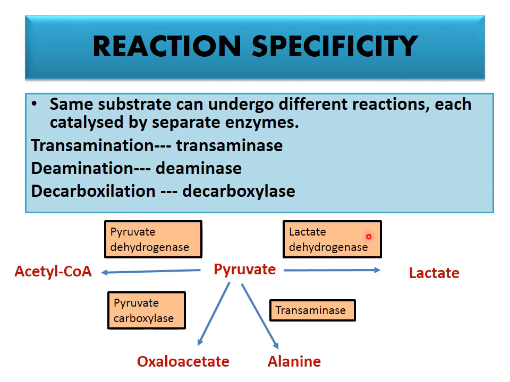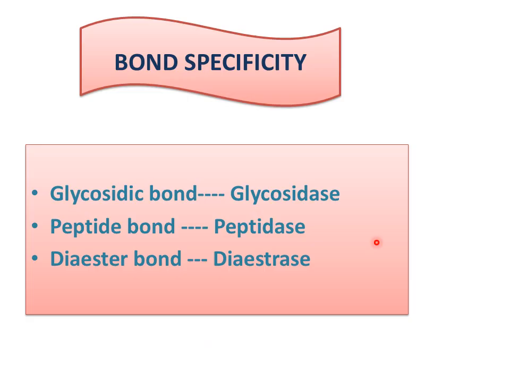In the same way, when pyruvate is transaminated into alanine, the enzyme is transaminase. When pyruvate is converted into acetyl coenzyme A, the enzyme is pyruvate dehydrogenase. When pyruvate is converted into lactate, the enzyme is lactate dehydrogenase.